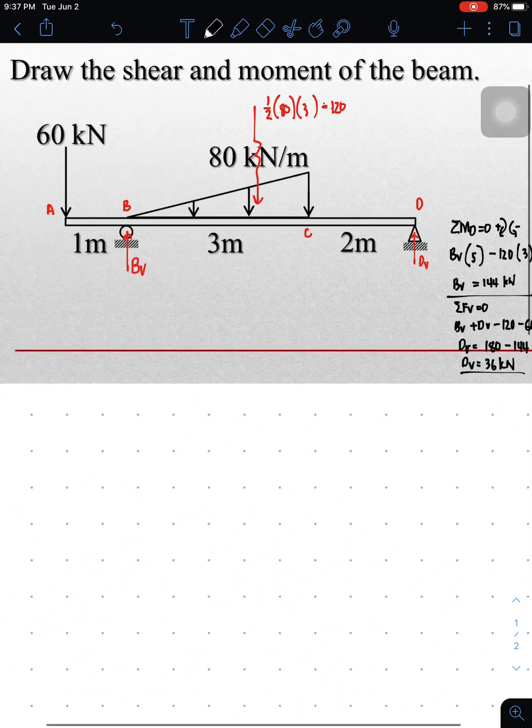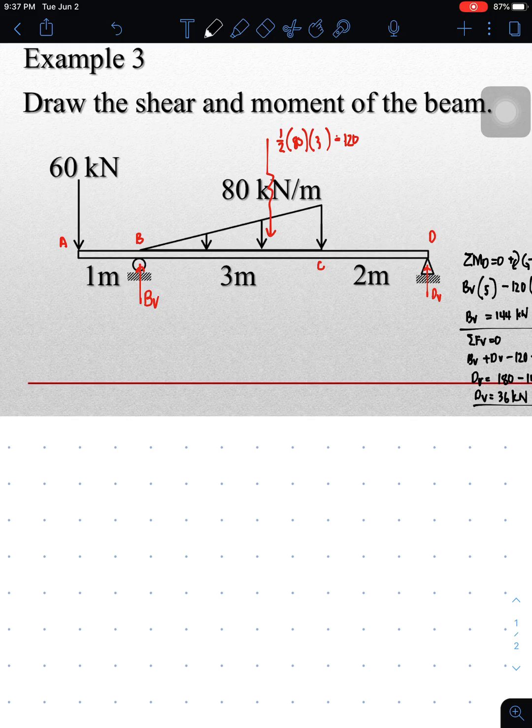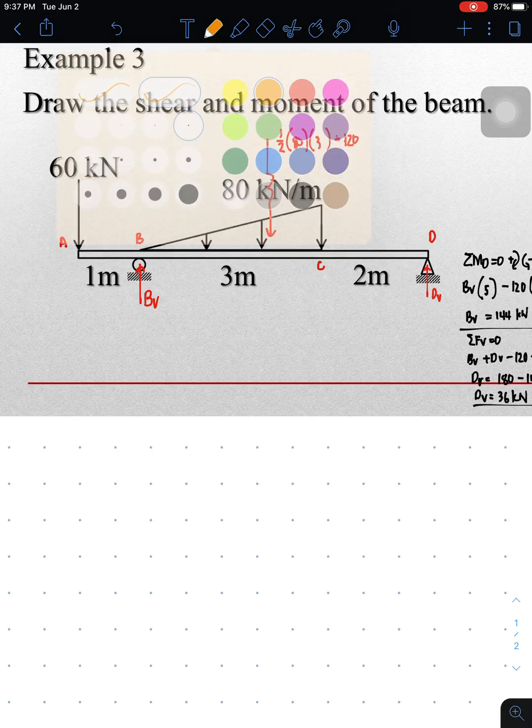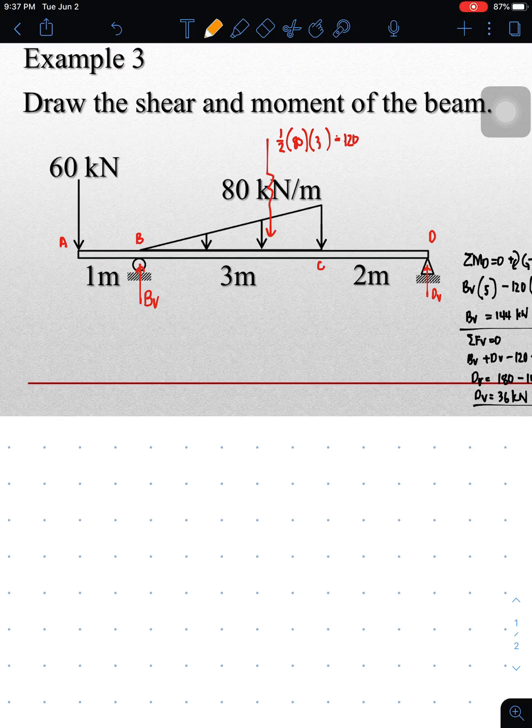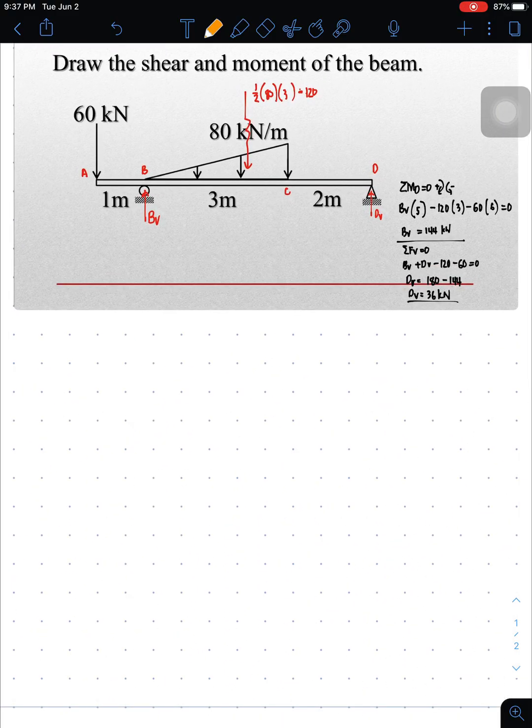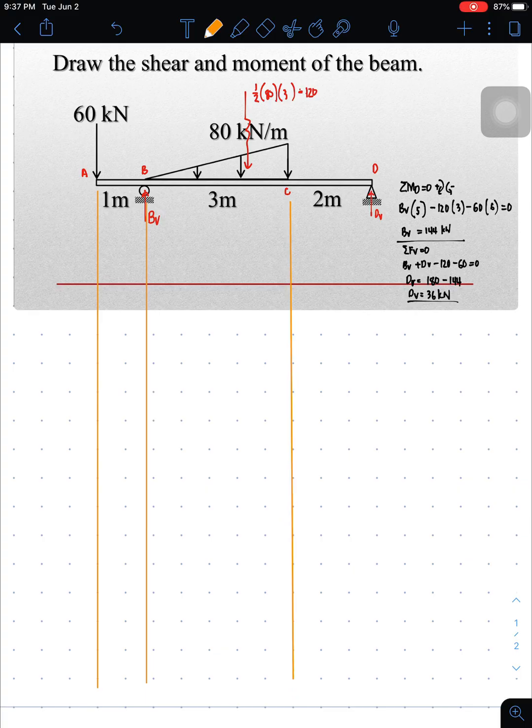Okay. So the reason why I leave this space is so that it will not interfere when drawing the shear and moment diagram. So I will establish the line. Until here. This is for A, and this one is for B. Then this is for C. And then this is for D. There.